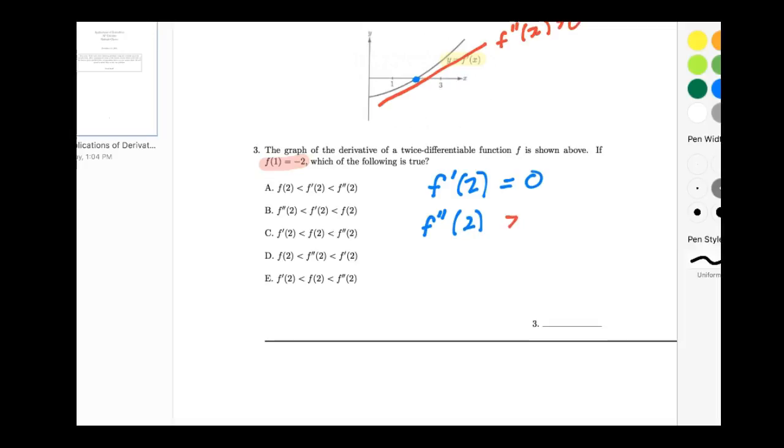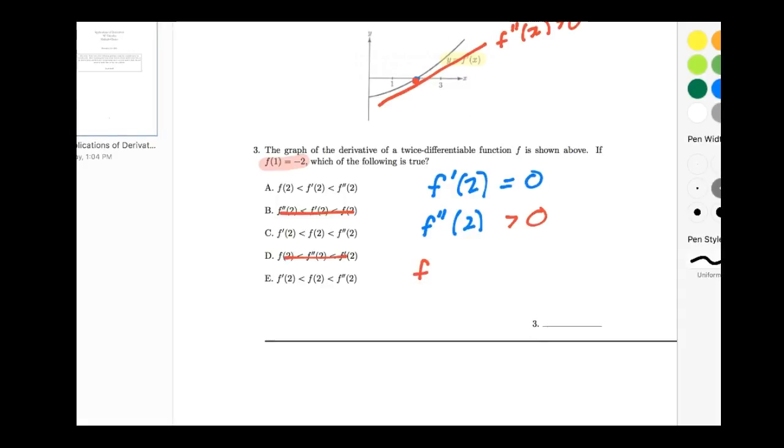It's a positive slope. So far we know that f double prime should be greater than f prime. So it works for A, does not work here. F prime is smaller. It could work on C, can't work on D. F prime is not bigger than f double prime, and it could work on E. So I've got 3 choices left.